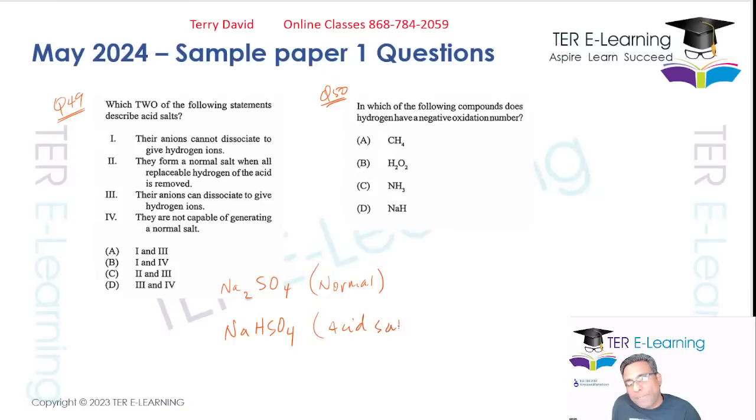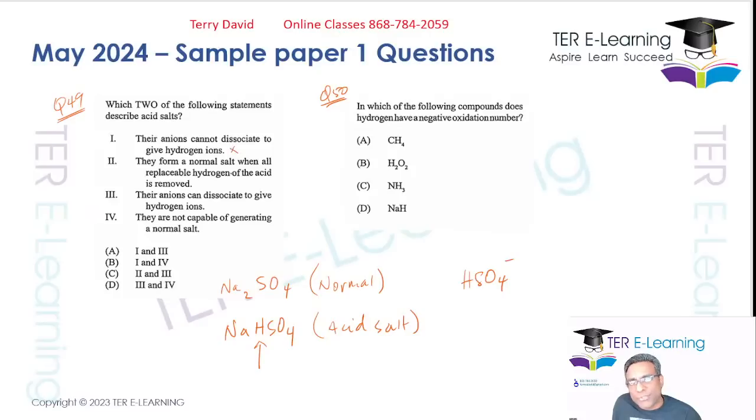So the acid salt has hydrogen present inside of it. They said which statements describe acid salts? Their anions cannot dissociate to give hydrogen ions. When they're talking about the anion there, they're talking about this HSO4 minus. And they're saying that it cannot dissociate.